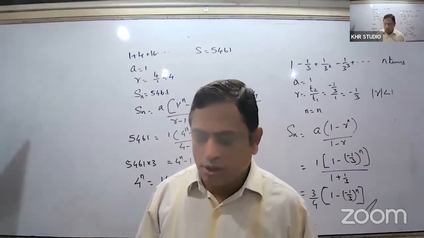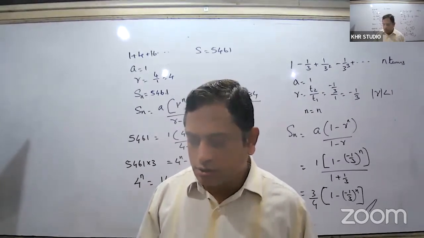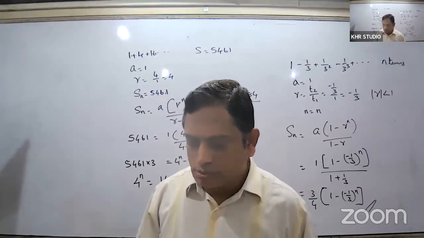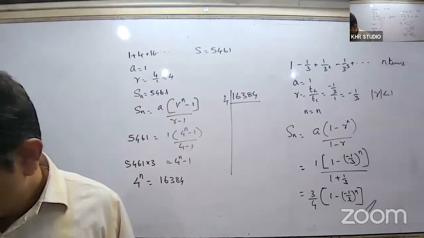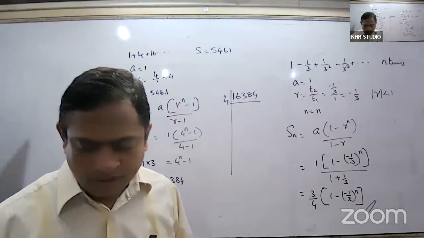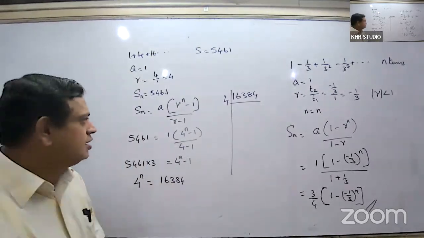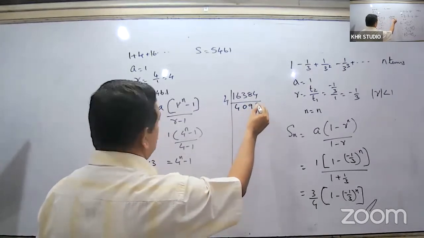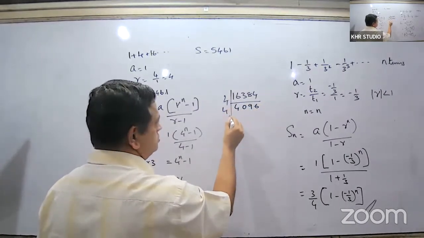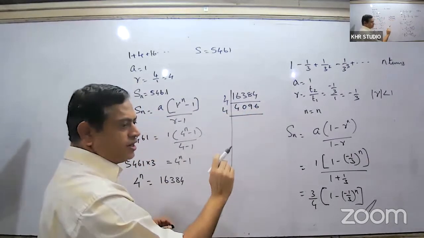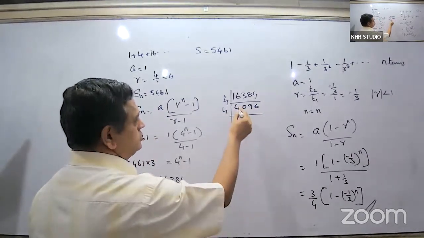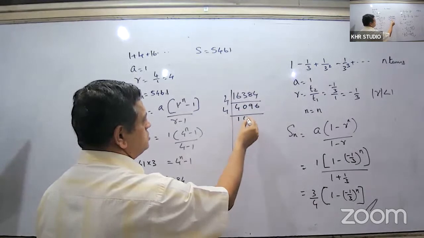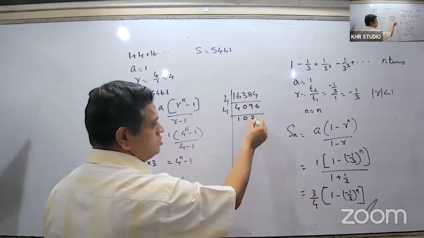Mistake. Another one, another mistake. It is 4, 0. Most of the people got 496. Then 1, 0. How much? 2.